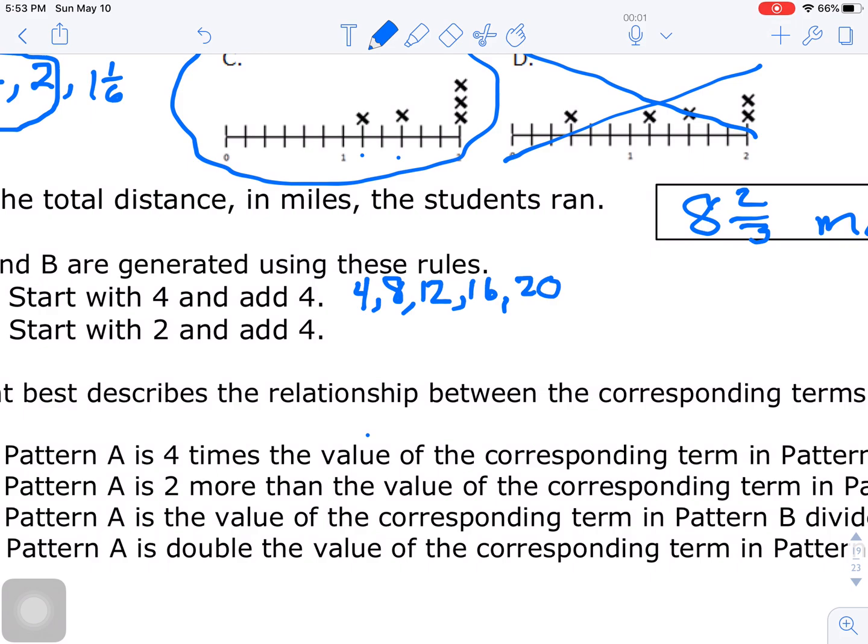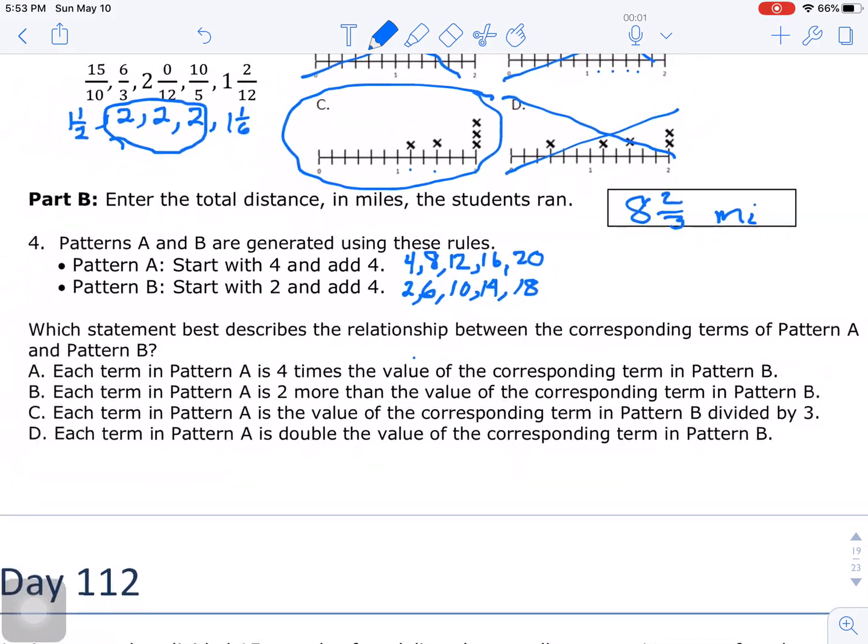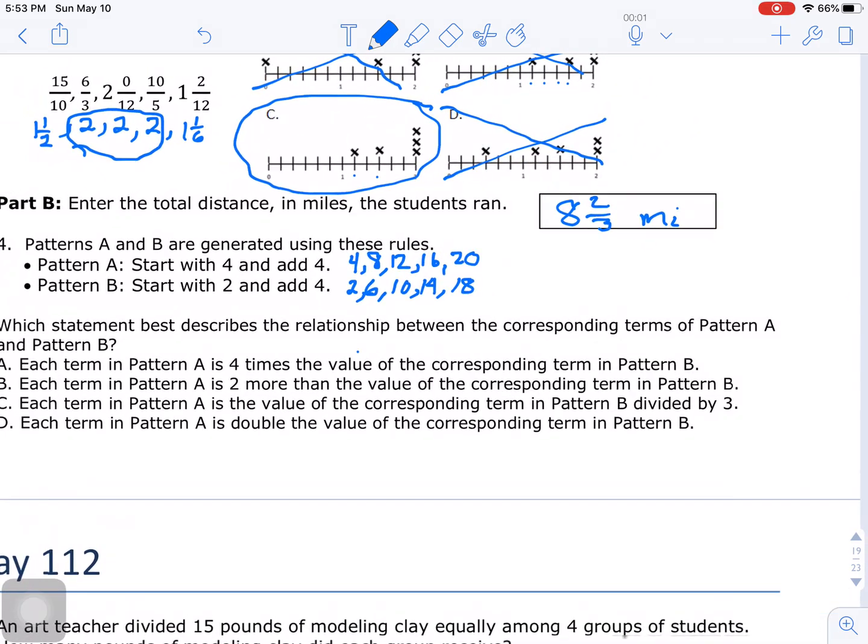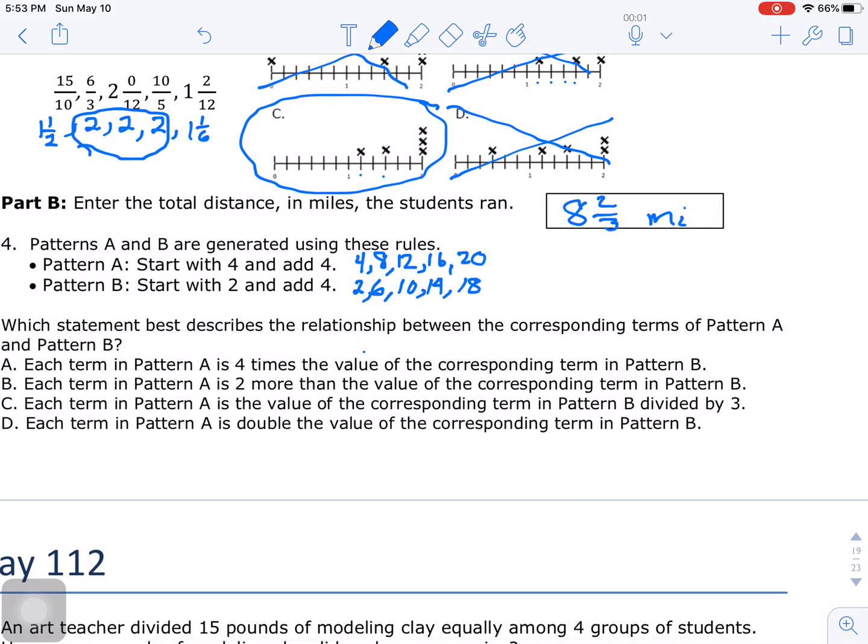So for pattern B, we start with 2 and add 4. 2 plus 4 is 6. 6 plus 4 is 10. 10 plus 4 is 14. And 14 plus 4 is 18. So now we have to see what describes the corresponding patterns.